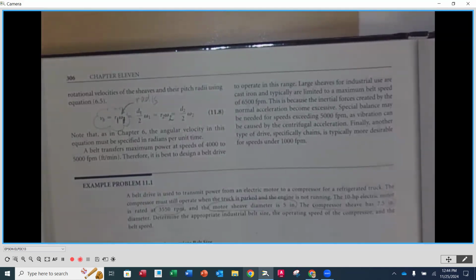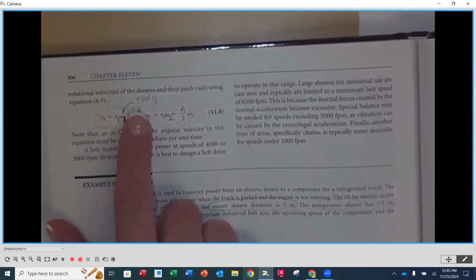Okay. Now, this is that equation that relates rotational speed, radius, and pitch line speed or straight line velocity to each other. So when we are trying to find pitch line speed or belt speed, in this case VB, VT and VB are the same thing. It's just that they're on different applications.